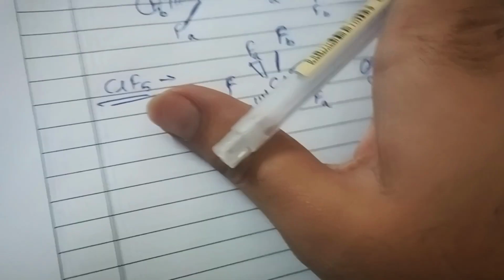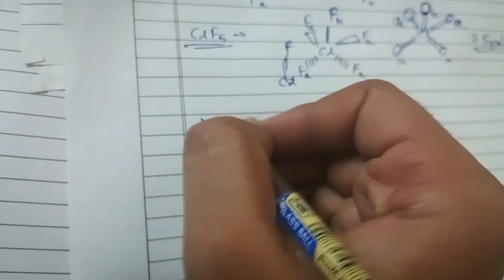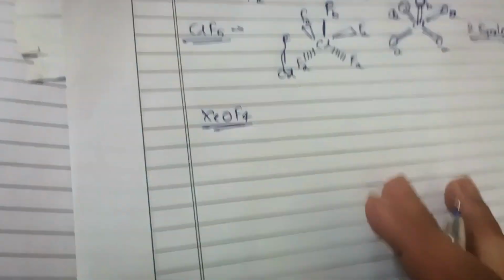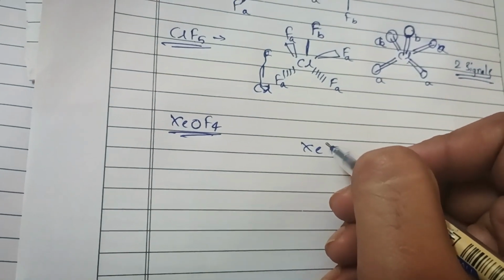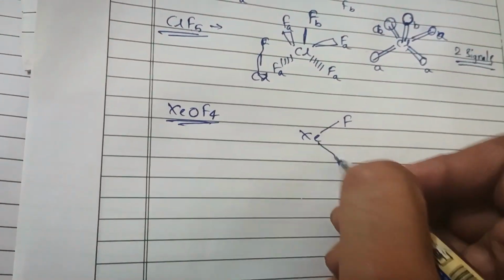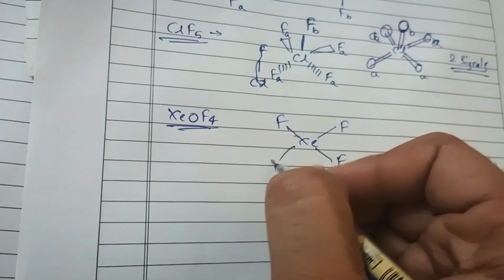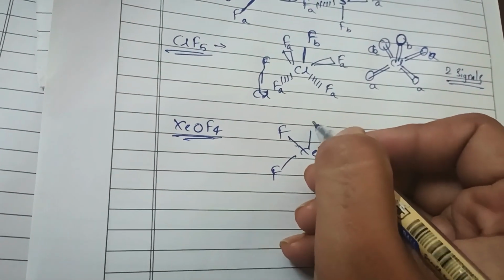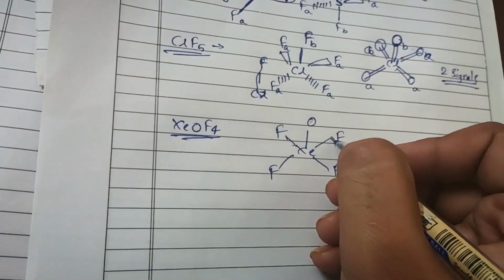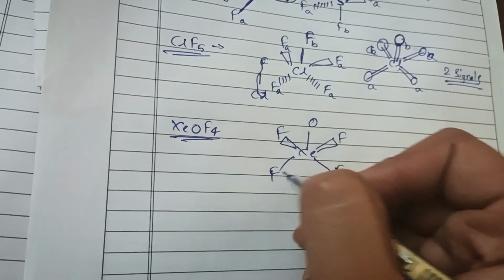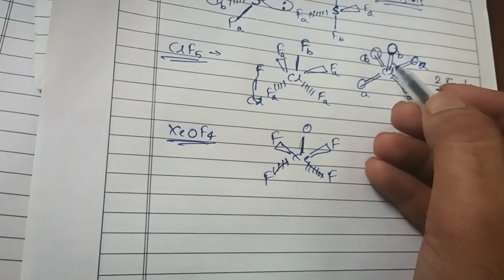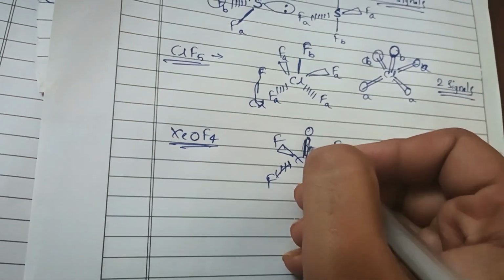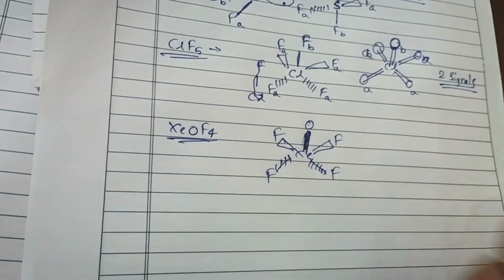So if we go to the next, XeOF4: xenon, and F, F, F, F, like this. These are the front and these are the back, and there is one upside like this.